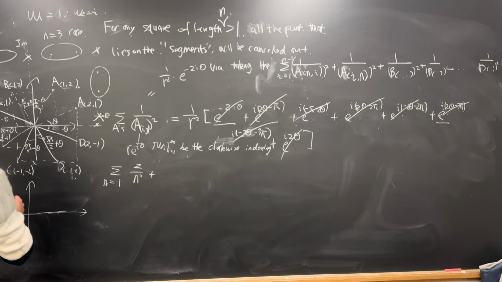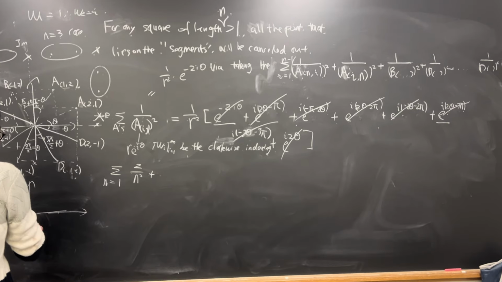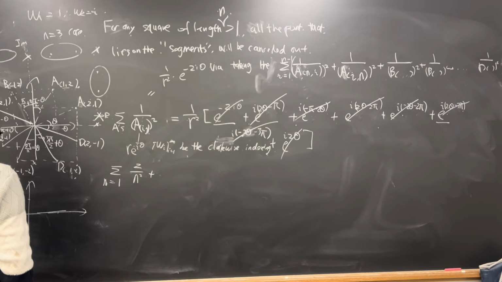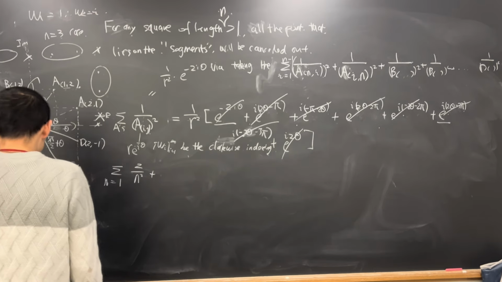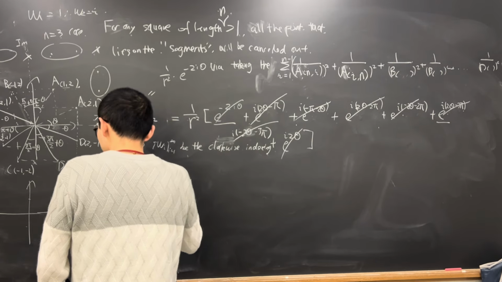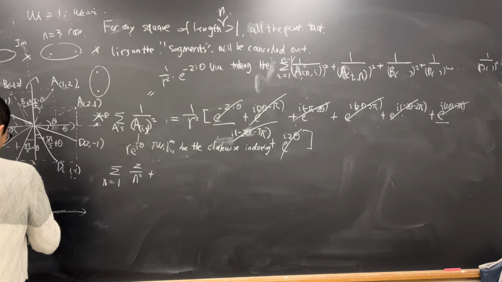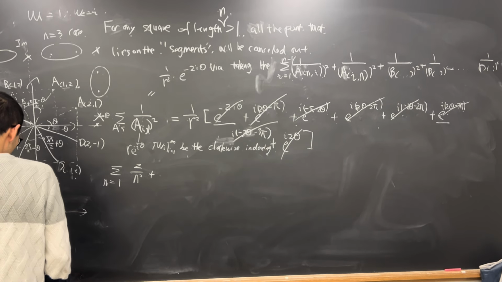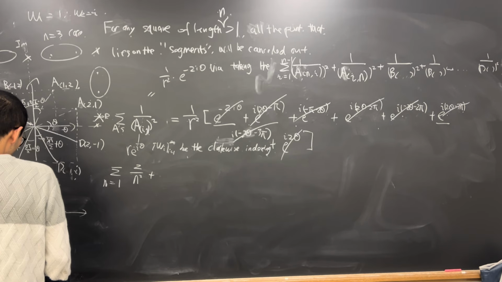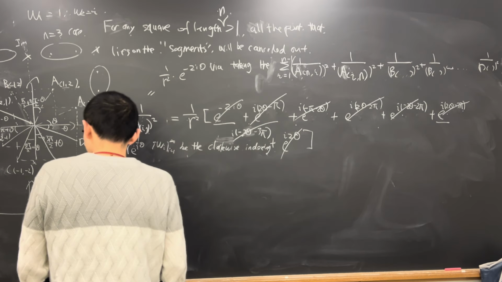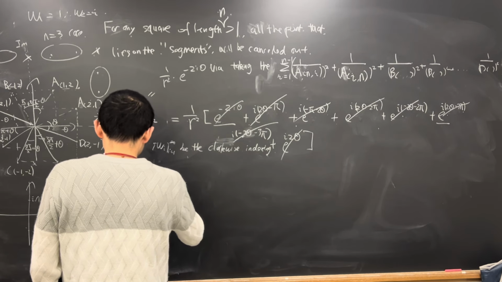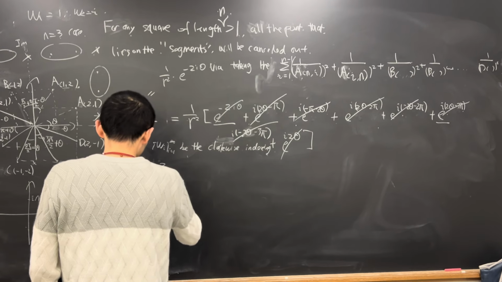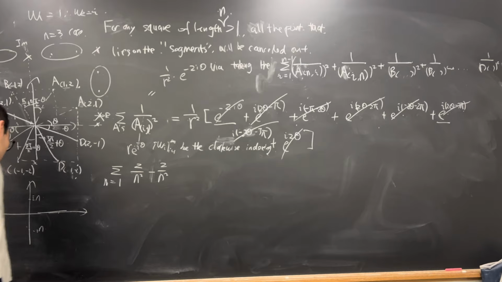So, and then we have the i term, right? We have the i n squared. Oh shoot. So this is i n, and then negative i n. So when we square it, we get, actually these two cancel out.